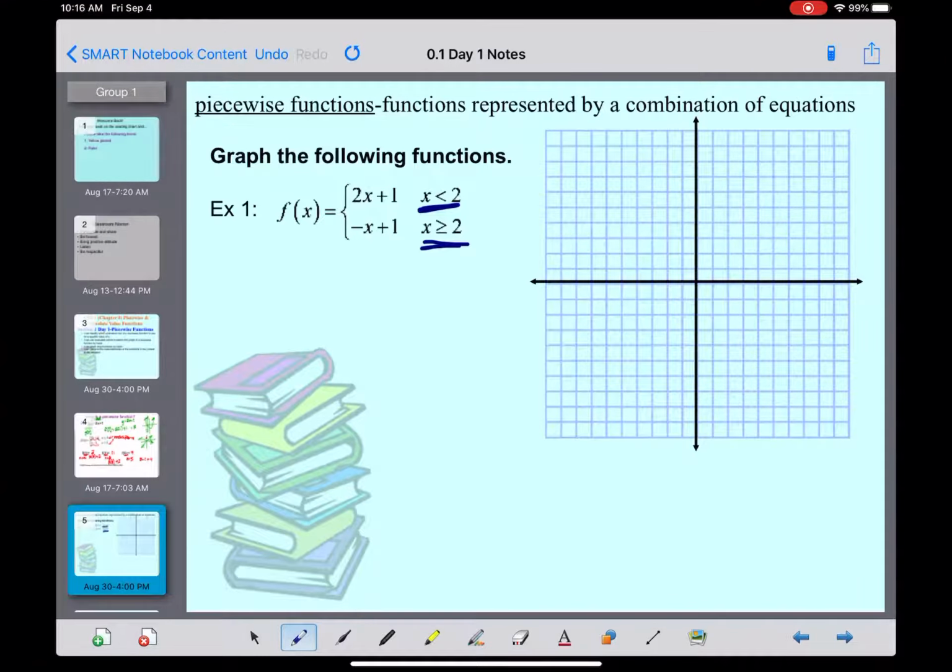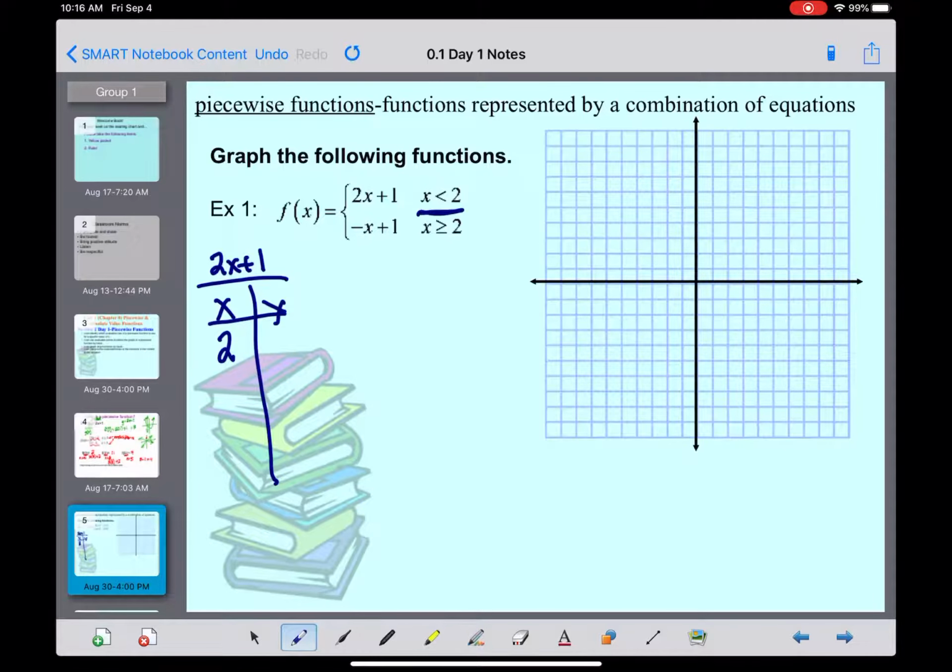So this is the process that you're going to go through. You're going to have an XY chart for each graph. This is going to be my XY chart for 2x plus 1. The first thing I'm going to put in is the 2.